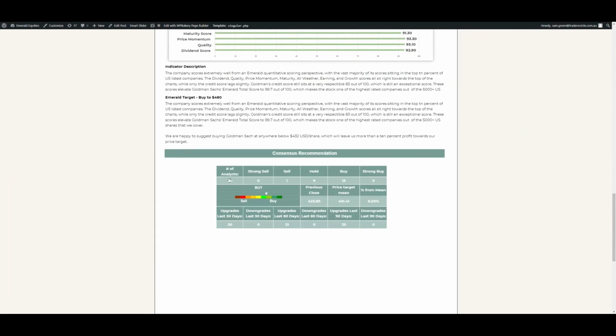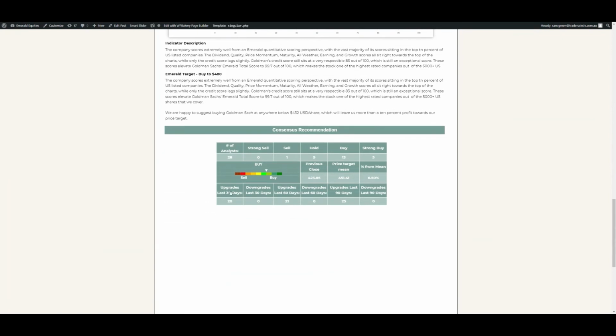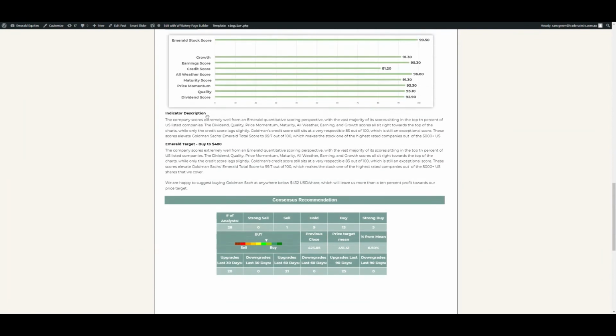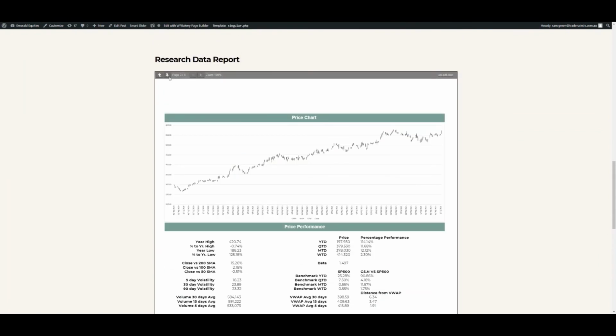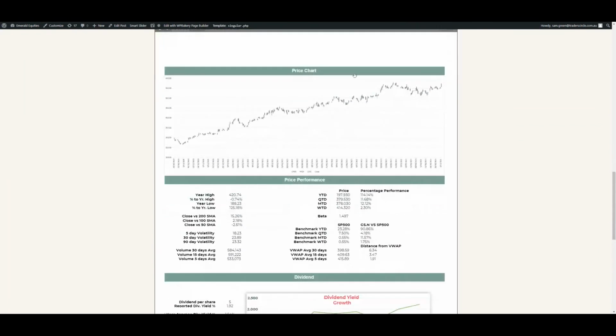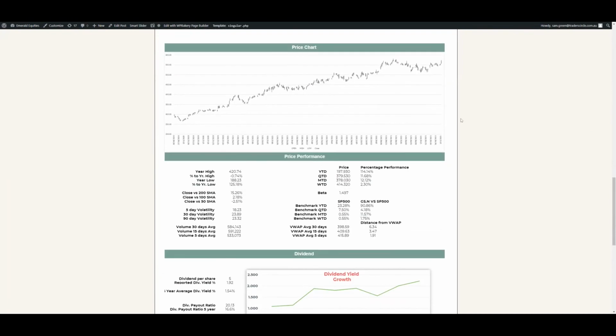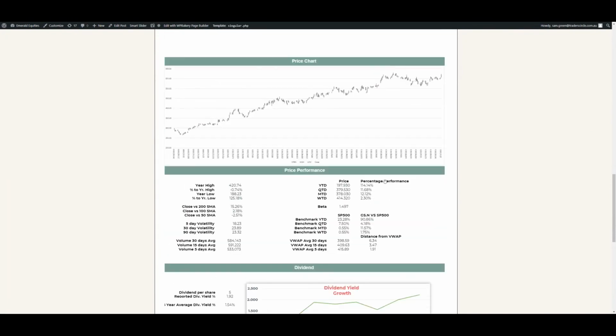Of the 28 analysts that cover Goldman Sachs that we have access to, 13 are a buy, 5 are a strong buy, only 1 is a sell. And we show you where their price targets are, up around 450 a share. We are a little bit beyond that, but we also apply our own technical analysis to come up with these price targets. We then show you what the price has done recently, and give you a fundamental data view on it.